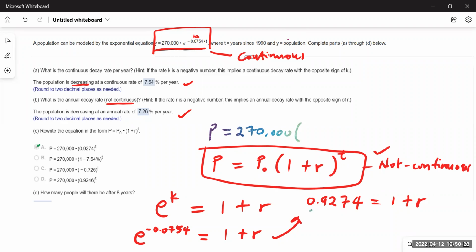Now don't forget that we found 1 plus R to be equal to 0.9274.